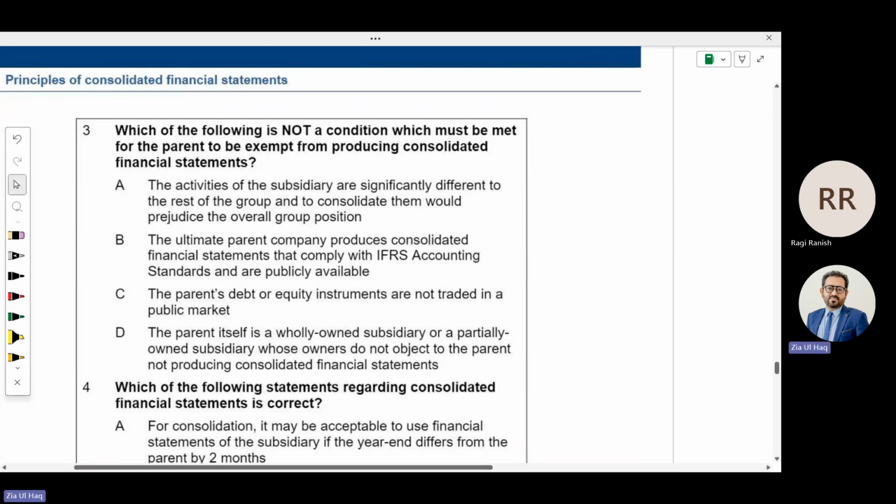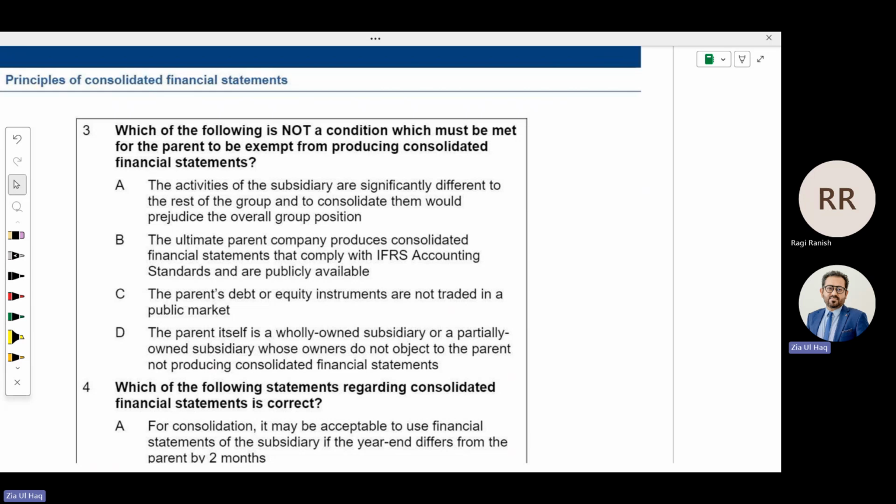Number 3, which of the following is not a condition which must be met for the parent to be exempt from producing consolidated financial statements? The activities of the subsidiary are significantly different to the rest of the group, and to consolidate them would prejudice the overall group position. So this is not a proper condition.